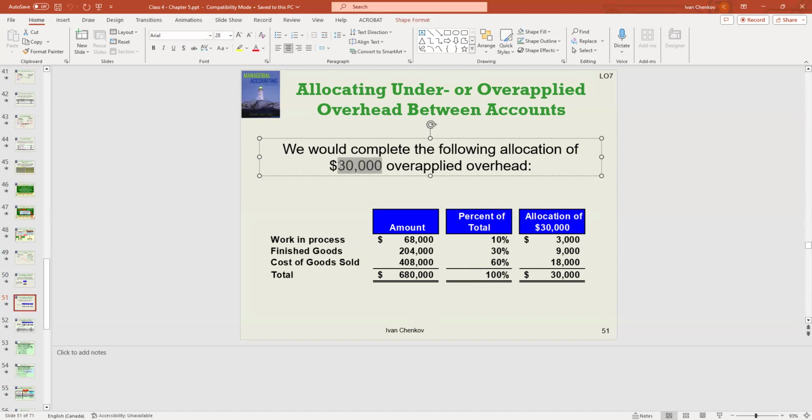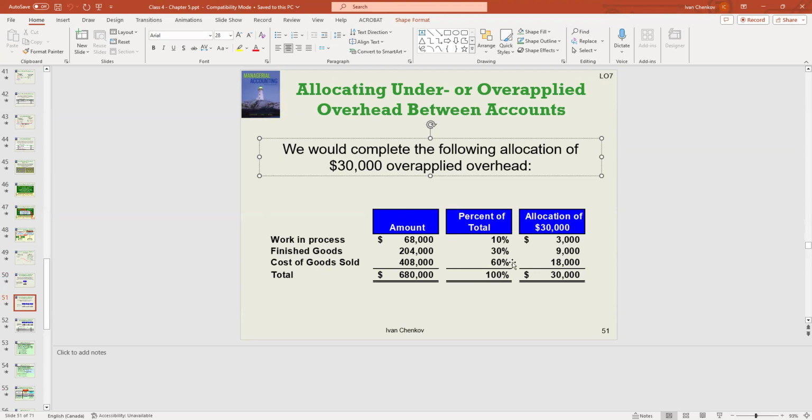30,000. So now we have to assign this 30,000 based on the percentages that we calculated to all those three accounts. That means 10% of the 30,000 is going to go to work in process. 30% of the 30,000, or 9,000, is going to go to finished goods.